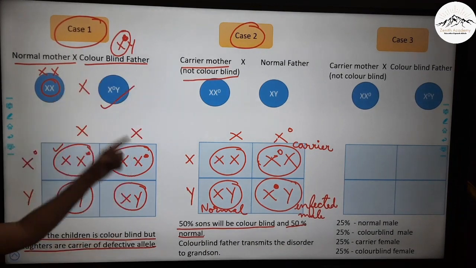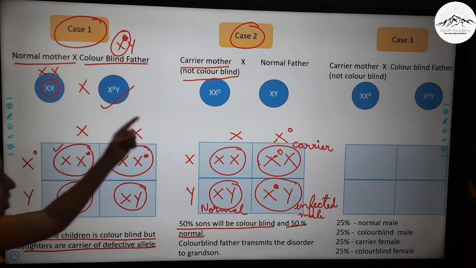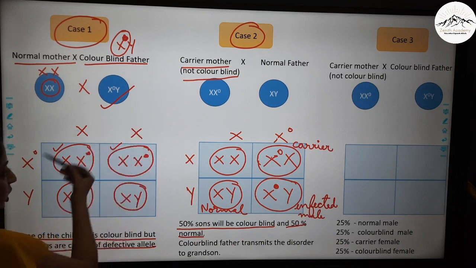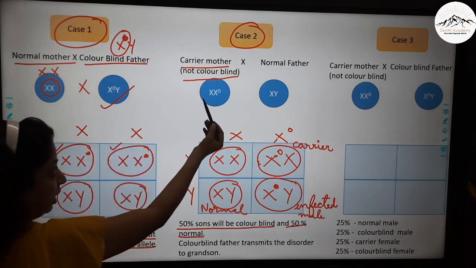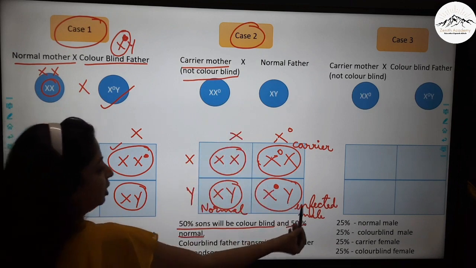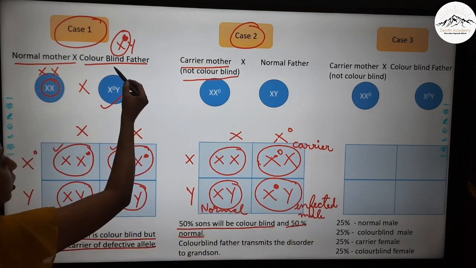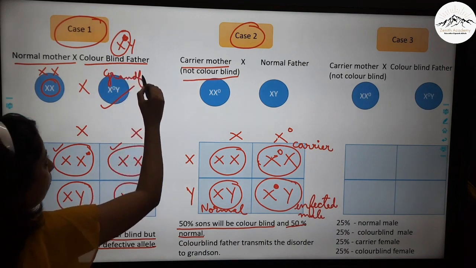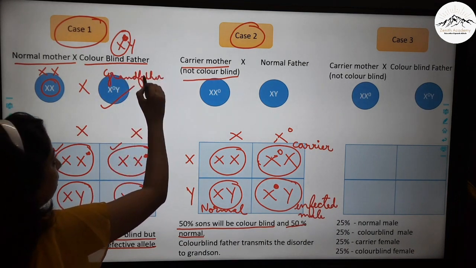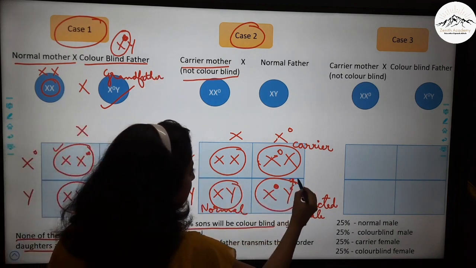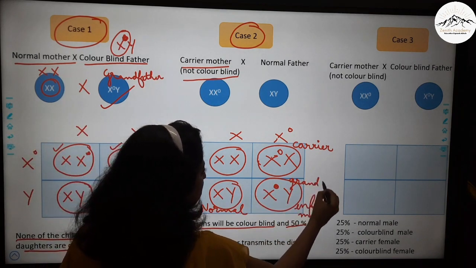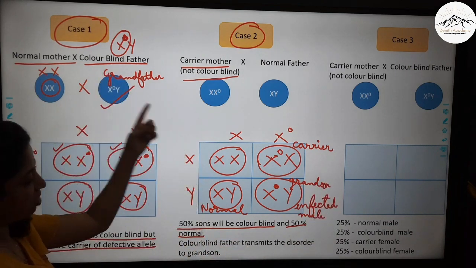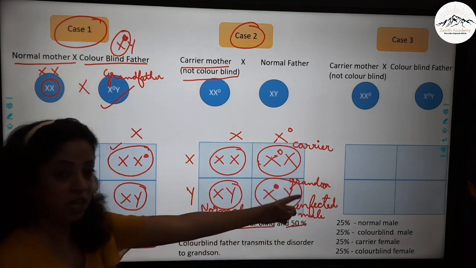He did not transmit the disease here, but he transmitted the disease here. Of this father, these were the kids, and out of this kid, the carrier mother, this male was infected. So he is the grandfather and he is the grandson. Right? So the colorblind grandfather has transmitted it to the grandson.